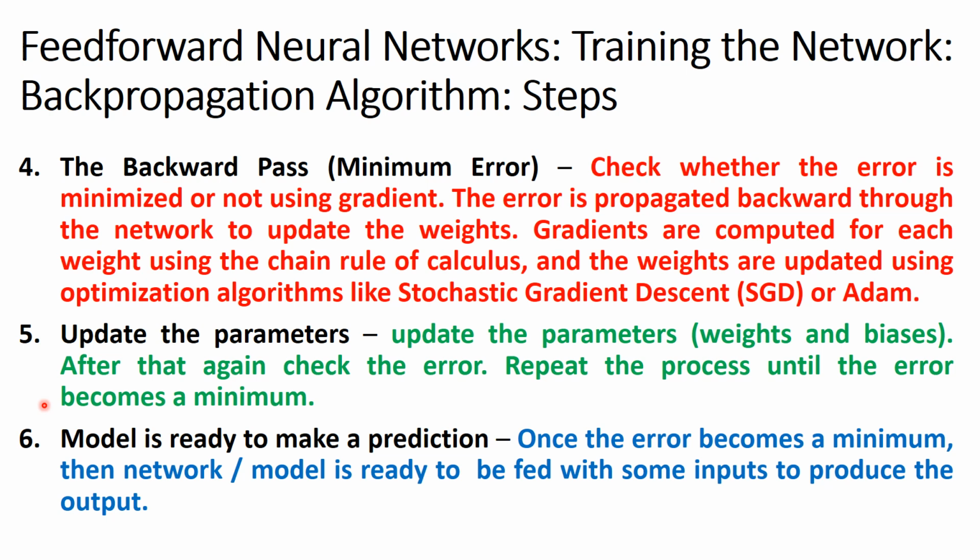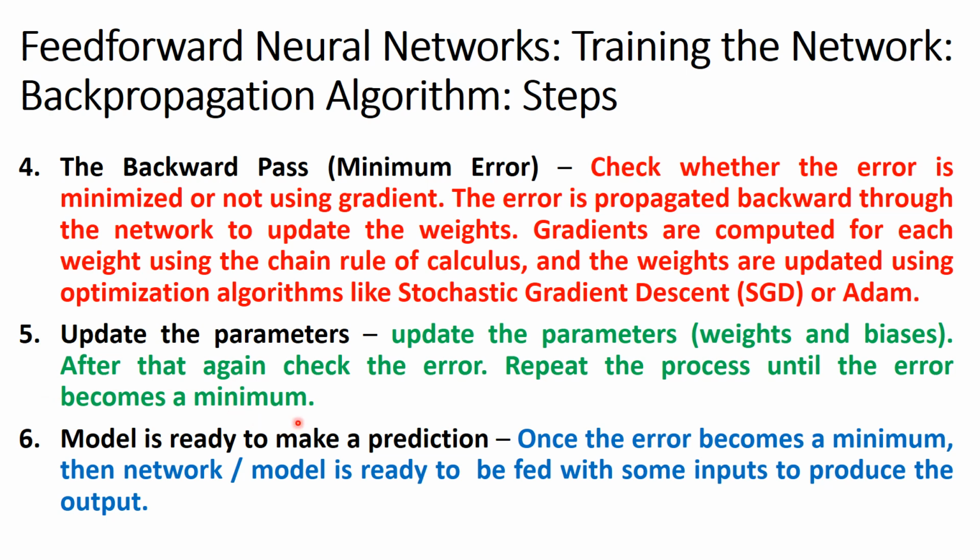The error is propagated backward through the network to update the weights. بالخطأ بيتم تحريكه إلى الخلف في الشبكة العصبية ويتم تعديل الأوزان. Gradients are computed for each weight using the chain rule of calculus. الجريدينت بتحسب لأي وزن في الشبكة عن طريق chain rule. العمليات الرياضية كلها هنشوف لها مثال في السلايدز اللاحقة.